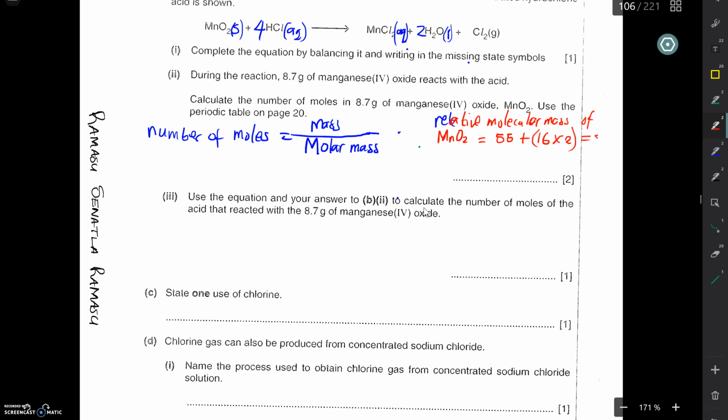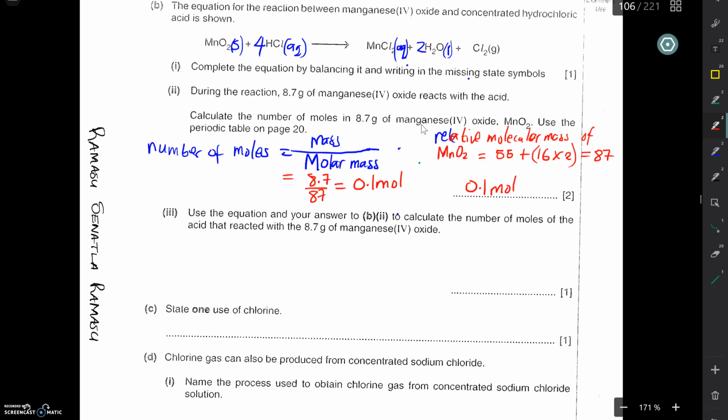This gives you 87. So then this becomes 8.7 over 87. This gives you 0.1 mole. So then we have 0.1 mole of manganese 4 oxide.